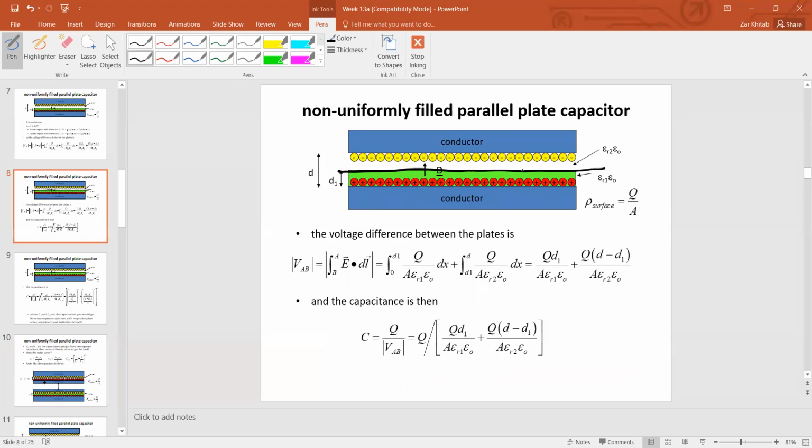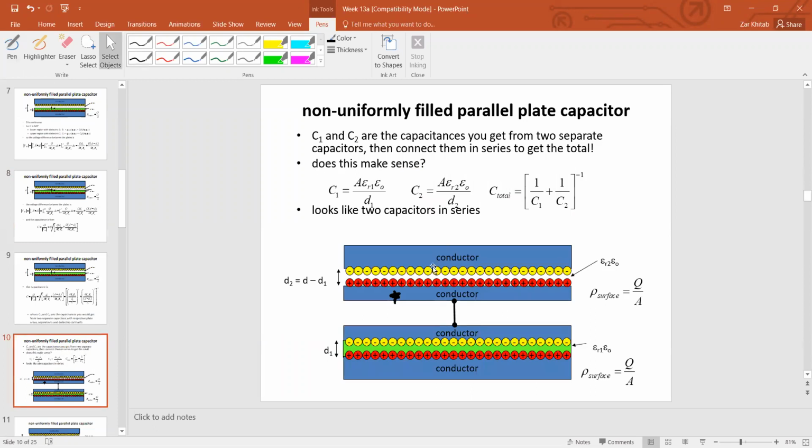So it's like we have an imaginary conductor at the interface. Physically, this conductor does not exist, but the structure behaves in that way.